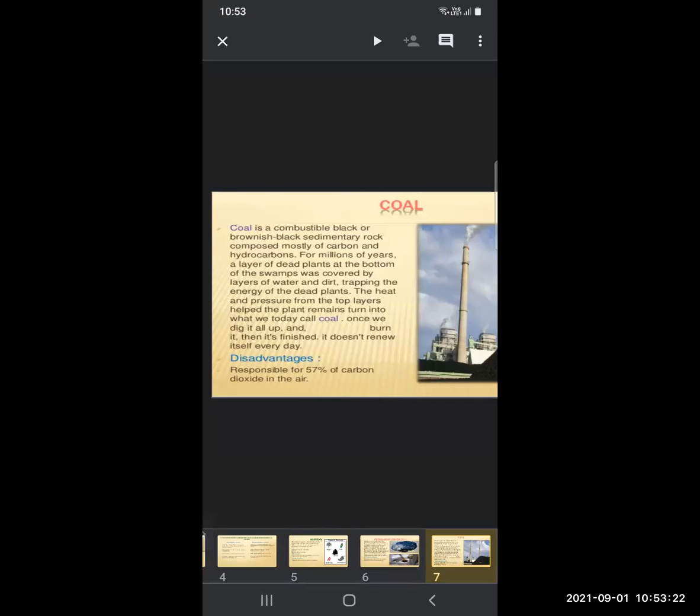Once we dig it up and burn it, it will finish. It doesn't renew itself every day. It took millions of years to form. So it does not renew itself. And what are the disadvantages? It is responsible for 57% carbon dioxide in the air.